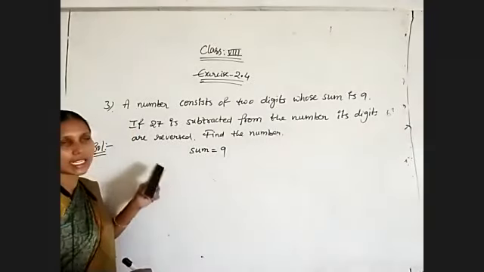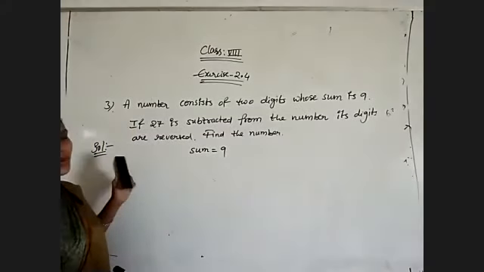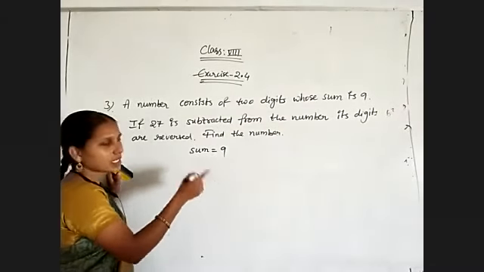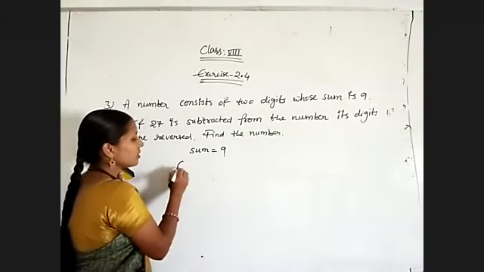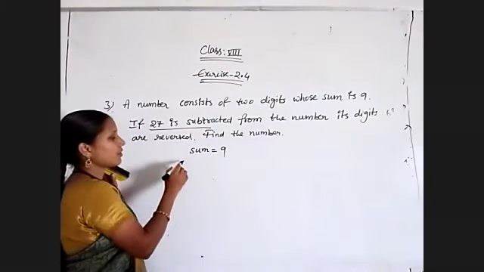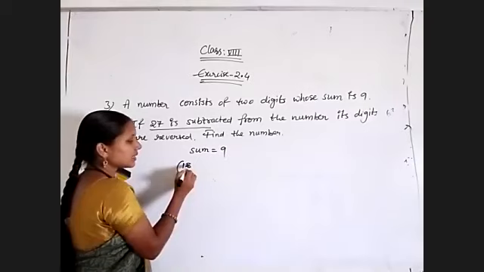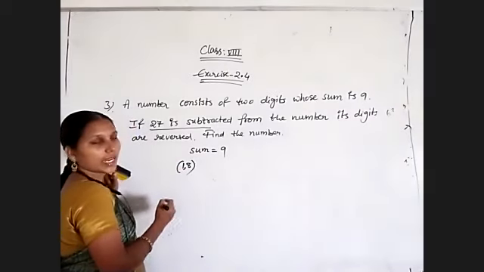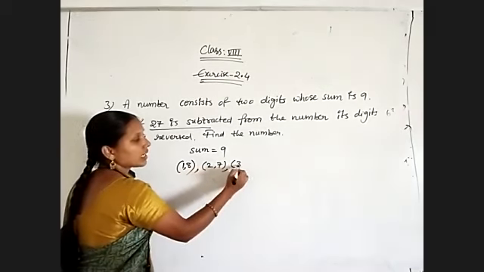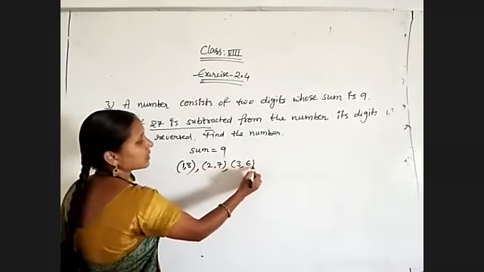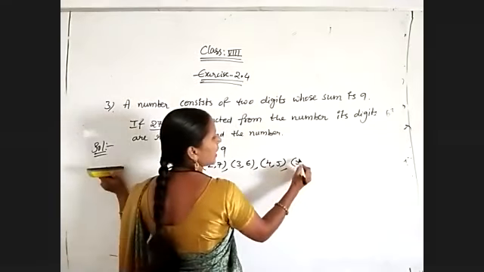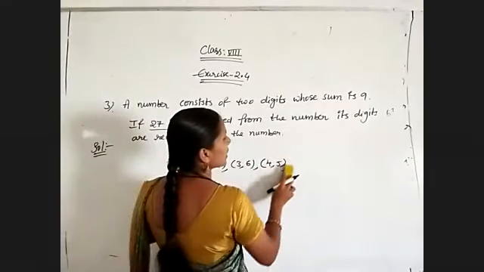If we get an objective question like this, you can solve it this way. The sum of the digits is 9, so try to write such numbers. 1 plus 8, 9. 2 plus 7, 9. 3 plus 6, 9. 4 plus 5, 9. 5 plus 4, again the same numbers are repeating.